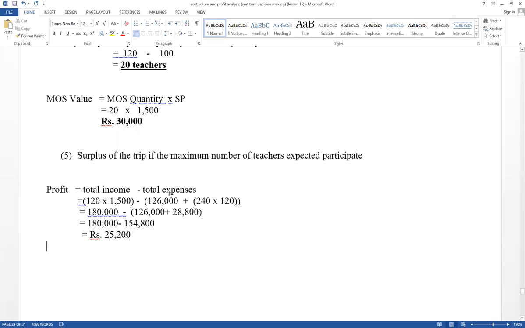Total income minus total expense. And next one, profit equals total contribution minus total fixed cost. Contribution per unit also we know. Total contribution minus total fixed cost. This is the second equation. Think about the number of teachers participating, 120.